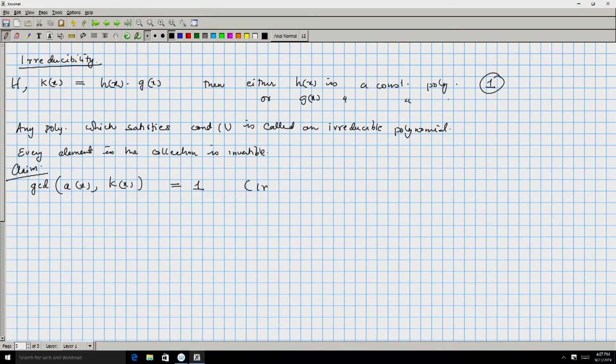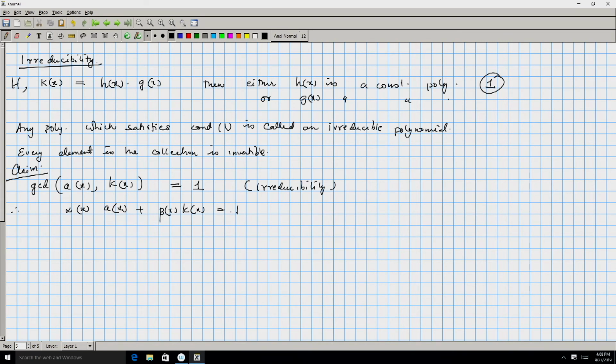Okay. The reason is irreducibility, because if it is anything other than 1, then Ax and Kx have a common factor, and that common factor is a factor of Kx. So, GCD of Ax and Kx equals 1, and the definition of GCD is the smallest positive linear combination. So, what this also means is we can find alpha x and beta x such that alpha x Ax plus beta x Kx is equal to 1.